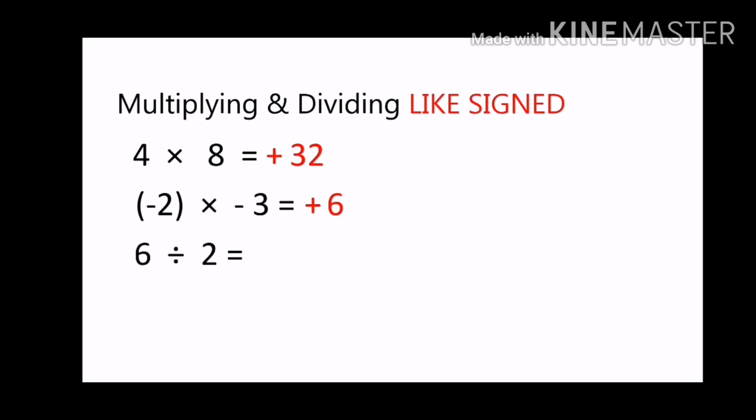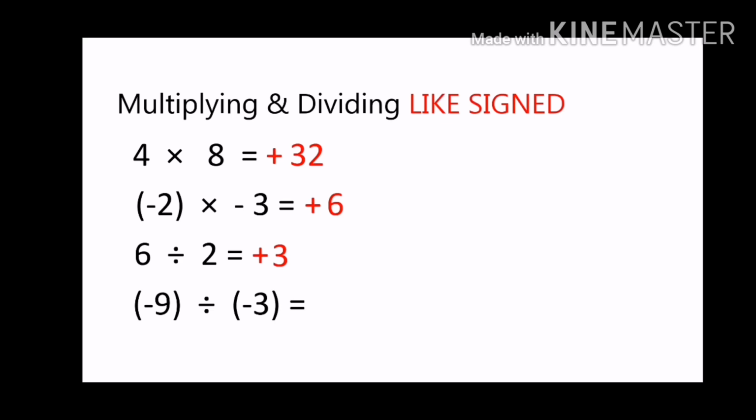Okay, 6 divided by 2. Normal or usual division, that is 3, and since both are positive, then the answer is still positive. -9 divided by -3. Now both have the same sign, which is negative, so your final answer must be positive. Take note, we are dealing with like sign.